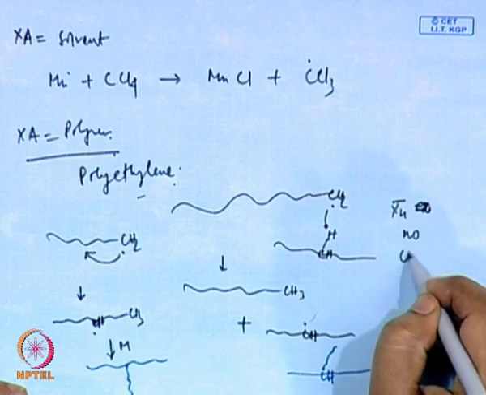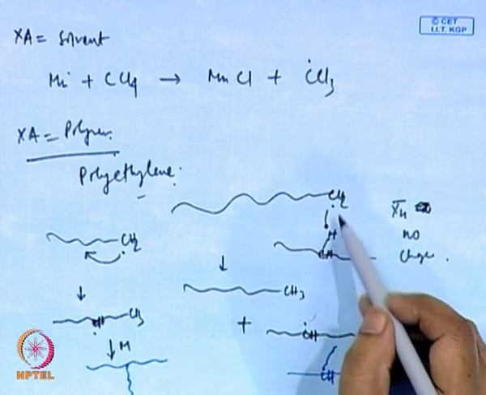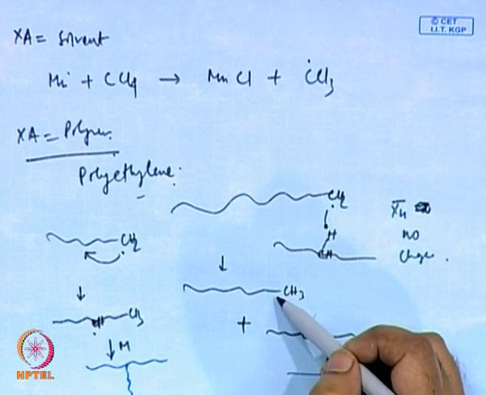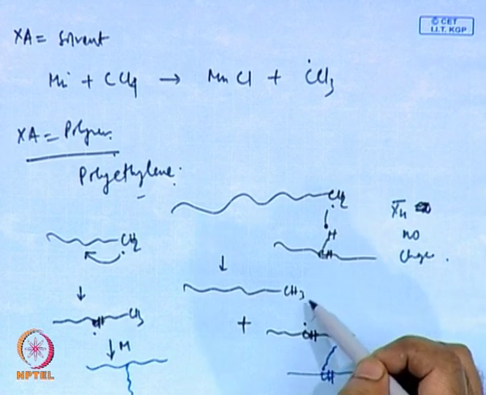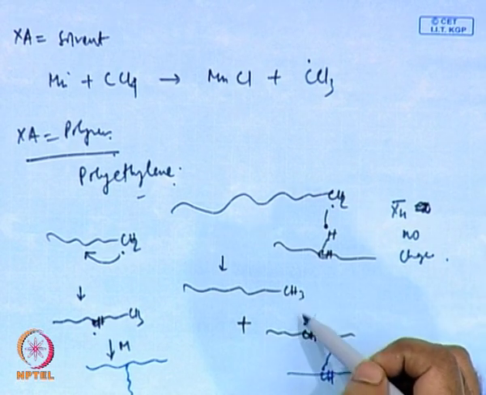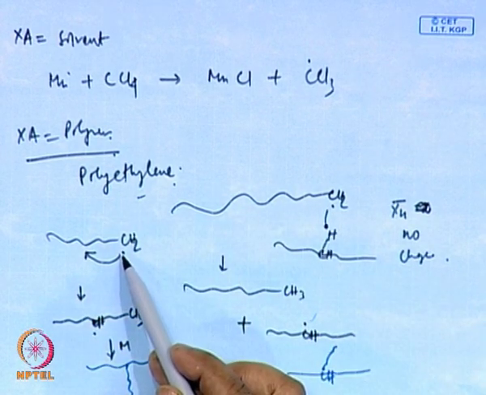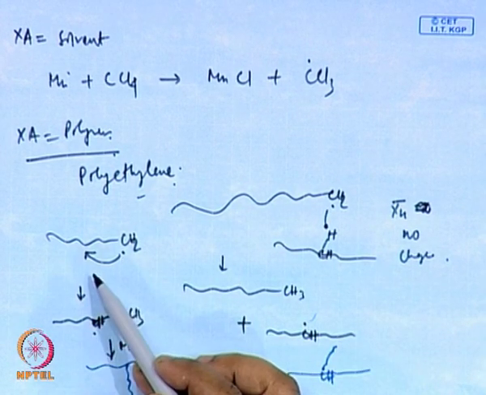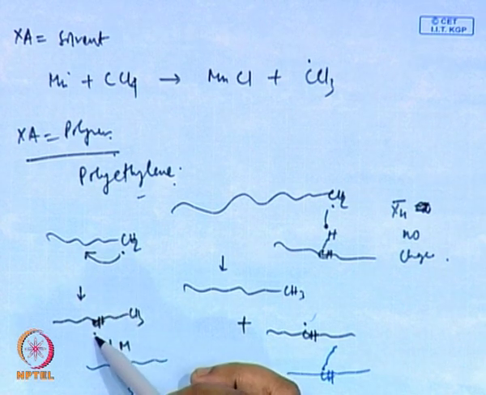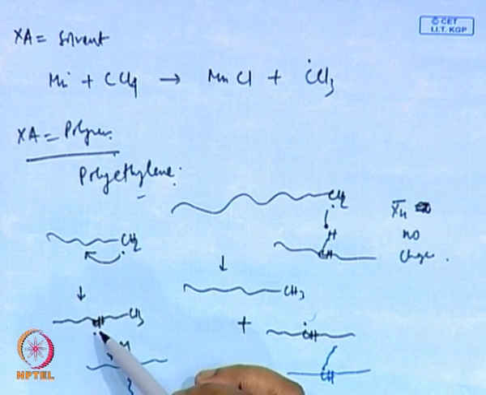You started with two polymer chains, and when the transfer happened, you have one kinetic chain and one dead polymer chain. In the case of intramolecular backbiting, you are left with one kinetic chain.